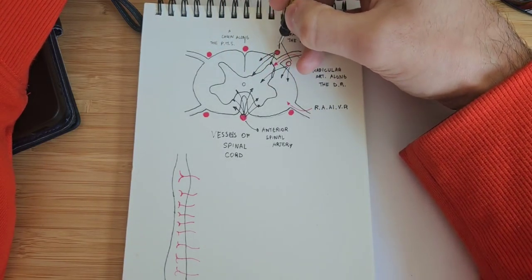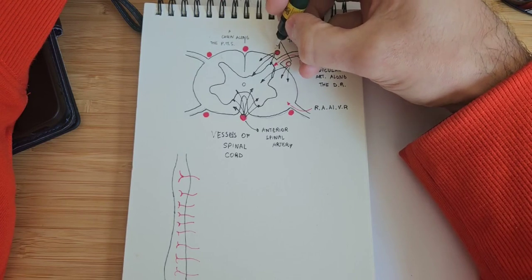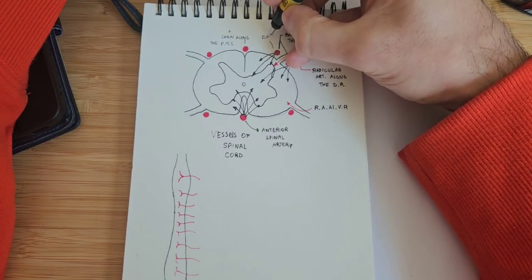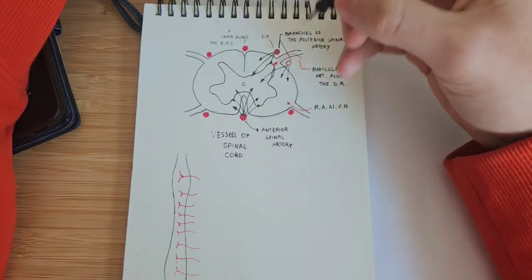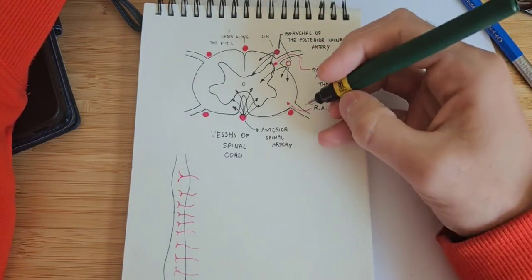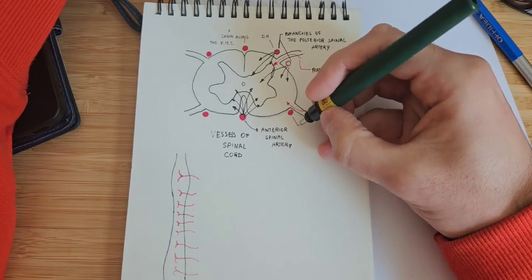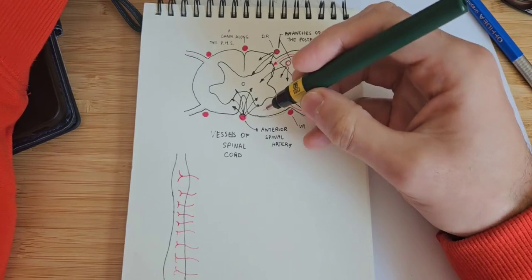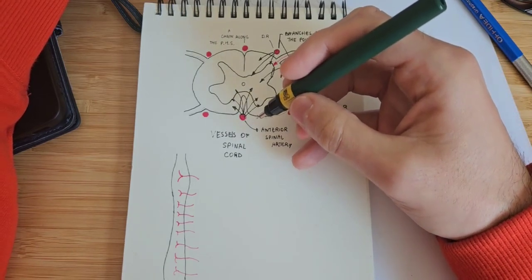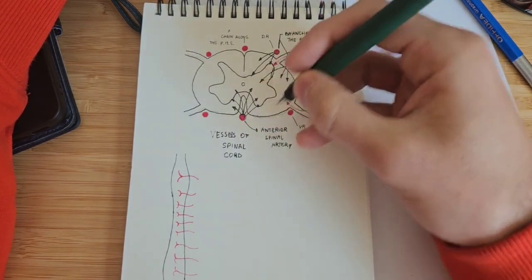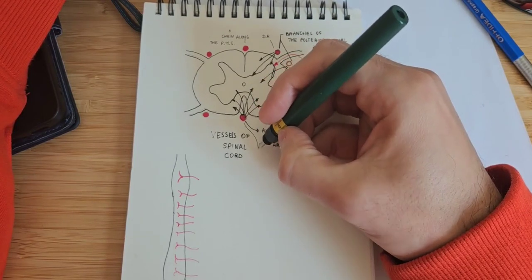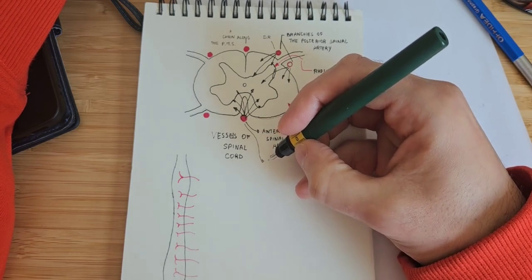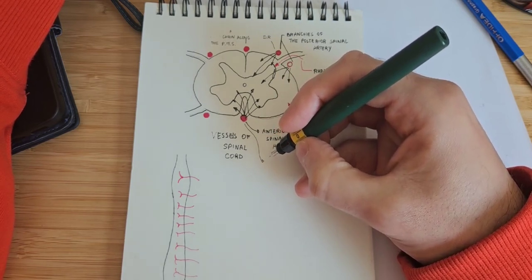We have a chain along the dorsal root, and then a chain along the ventral root. And we also have a chain along the anterior median fissure.